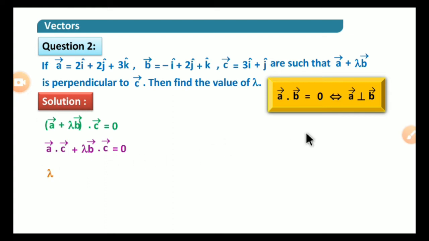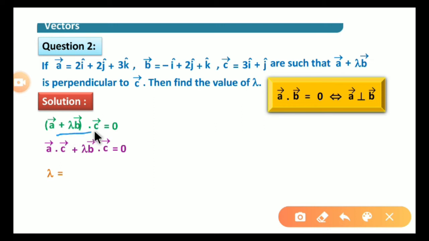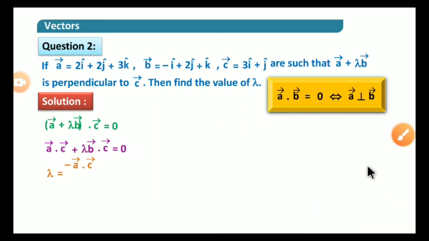Here lambda is equal to minus A dot C divided by B dot C, because we transfer this whole term to the other side, so it becomes divided by.